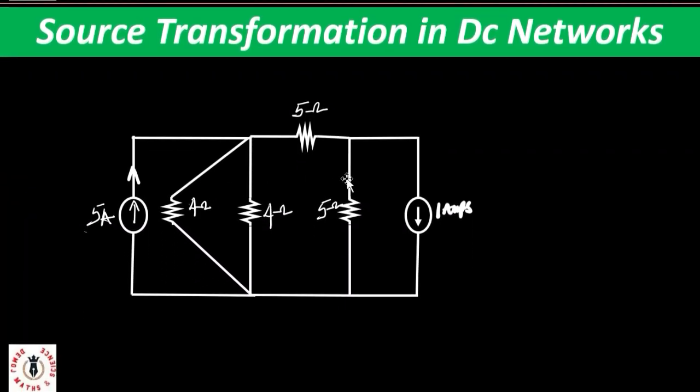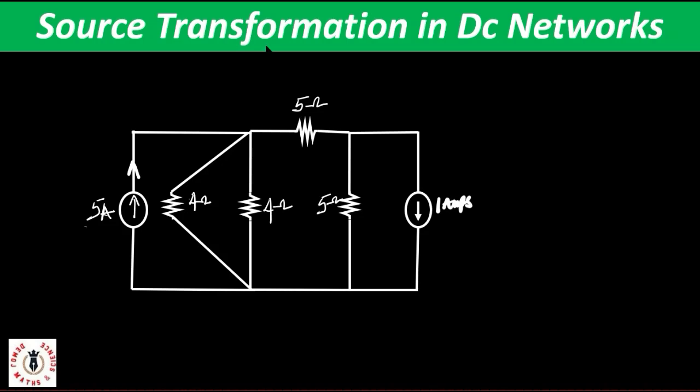Here I have simply redrawn my circuit so that I have my first node. Here is node 1, and here is node 2. From here, this is my current I flowing to node 1. Here is I1, here is I2, here is I3, here is I4.